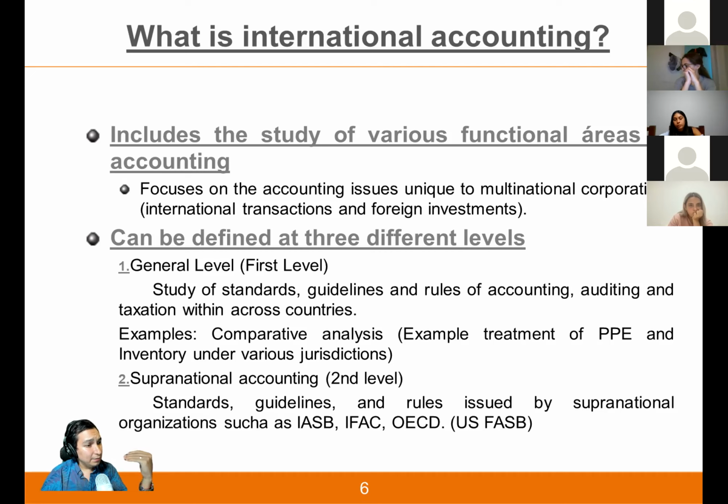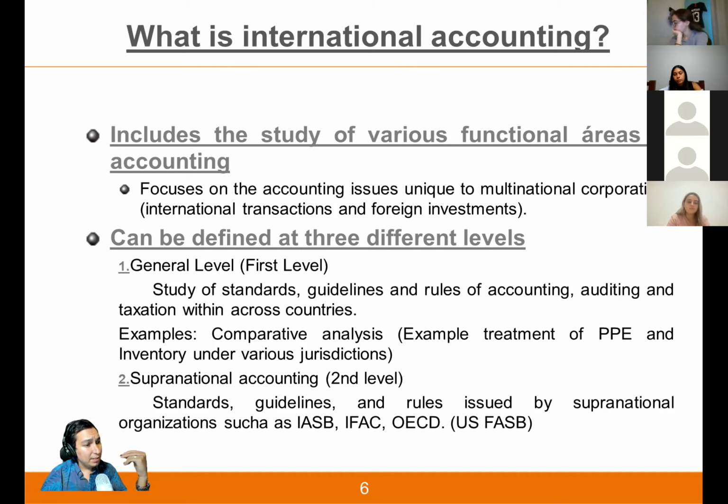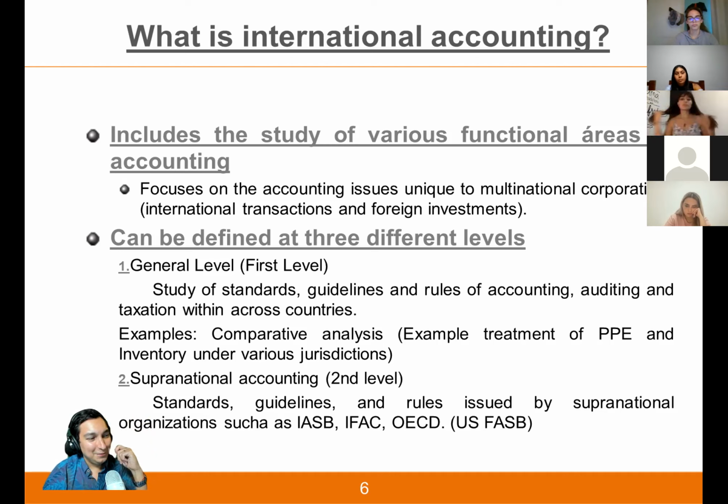The second level comes to the supranational accounting. What is supranational, guys? Who can answer me that? Don't Google it.